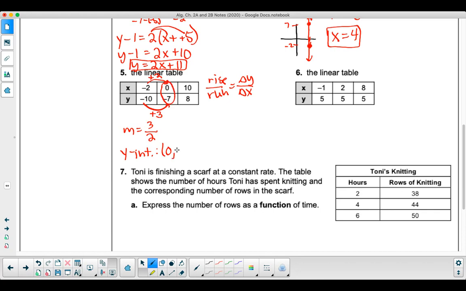So our y-intercept here is 0, negative 7. So that means b equals that y value of negative 7. So since we have slope, which is m, and b, we can just put that into our slope-intercept form. Y equals 3/2 x minus 7. You could also write that as plus negative 7.